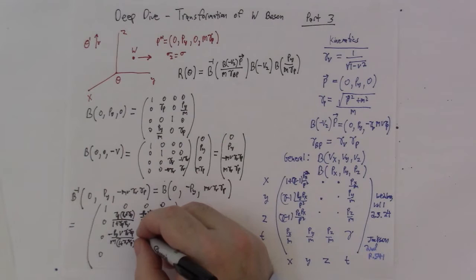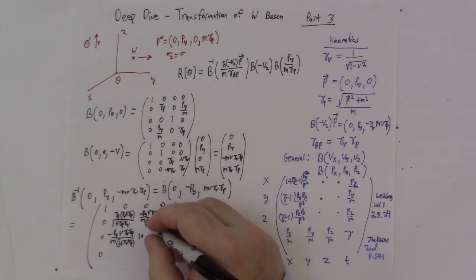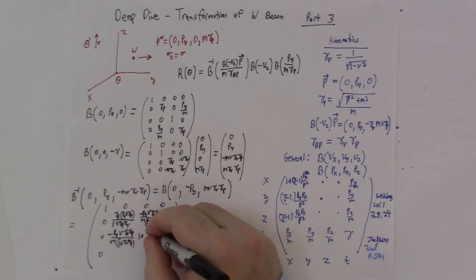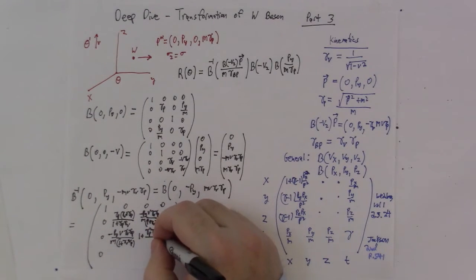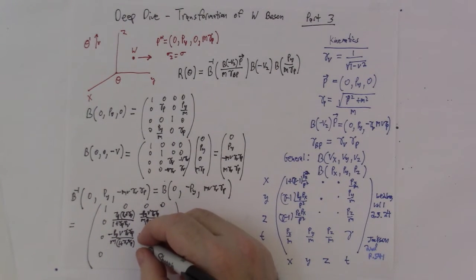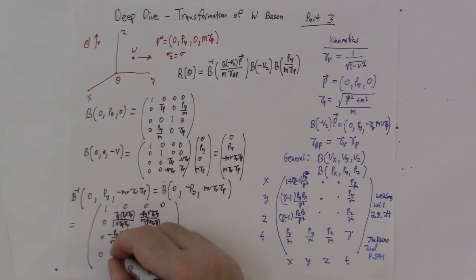This is the messy one, where we're losing our symmetry here. Gamma p squared, gamma v squared, divided by probably the same thing, 1 plus gamma v gamma p. These time components are easy.